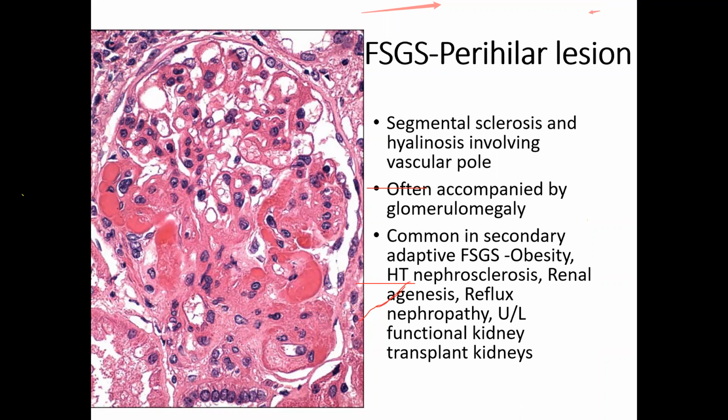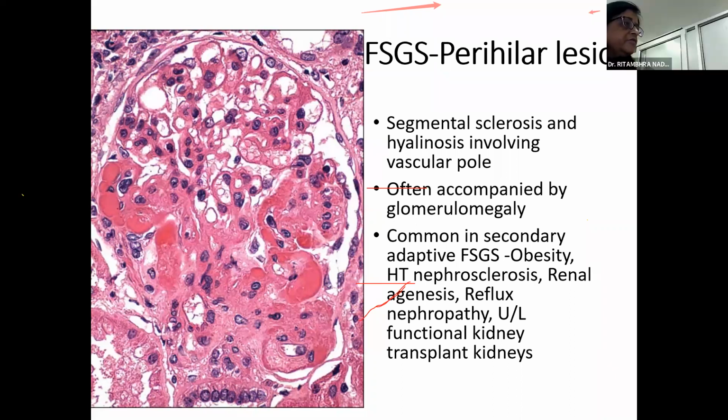Sometimes, even if you don't see glomerular sclerosis, you may have an area of tubular atrophy which is out of proportion to the damage expected for that age. In that situation, we can suggest a possibility of unrepresented FSGS, because it being a segmental process, it may not have come in that particular small piece of biopsy which we have taken.